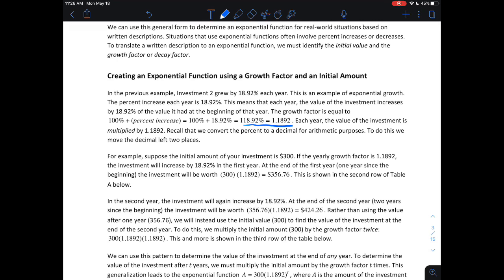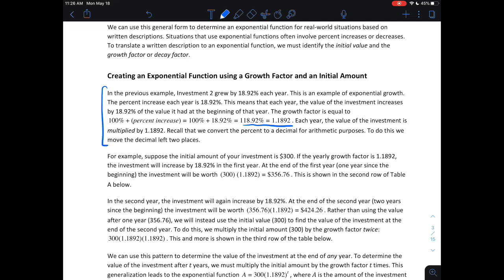Each year, the value of the investment is multiplied by 1.1892. Recall that we convert the percent to a decimal for arithmetic purposes like multiplication. To do this, we move the decimal left 2 places. So this whole paragraph explains what we were doing on the previous page. If you weren't sure about what we were doing on the previous page, here's one paragraph that explains it all again for you.